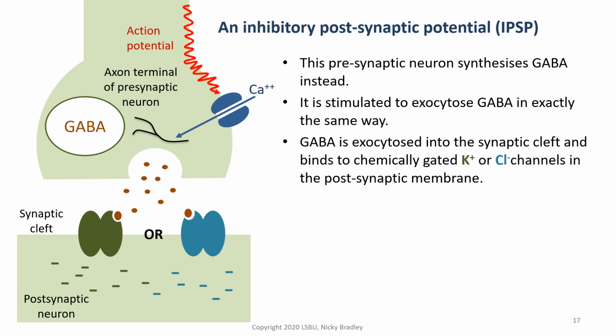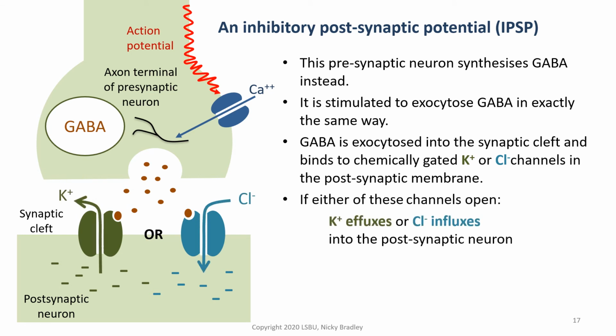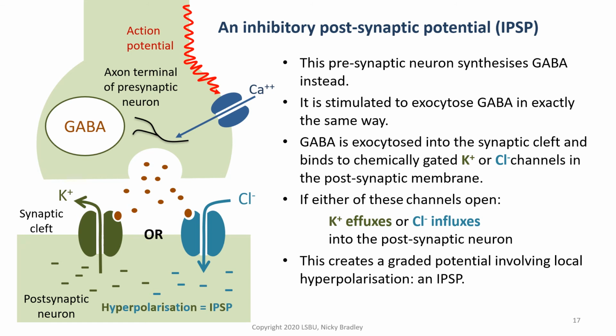So GABA is exocytosed into the synaptic cleft and diffuses across, binds to chemically gated potassium channels or chemically gated chlorine channels in the postsynaptic membrane. If either of these channels open, then potassium effluxes, chlorine influxes, either of those is going to give us an area of hyperpolarization, an IPSP.